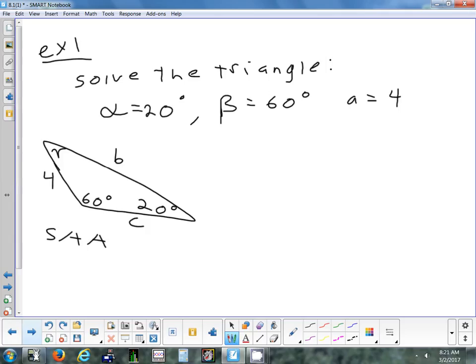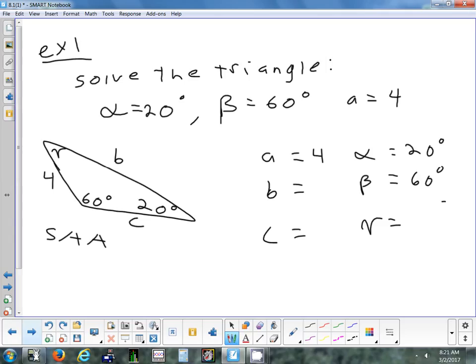Okay, another way you can figure out to use law of sines is to do something we've done before. Set up a table. Put your three sides in one column, put your three angles in the other. 20, 60, 4.